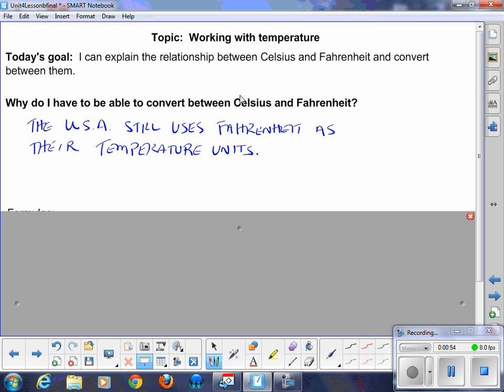Because they are a large partner and probably our most common place to visit, anytime you're looking at a temperature while visiting, you're going to notice it is posted in Fahrenheit.